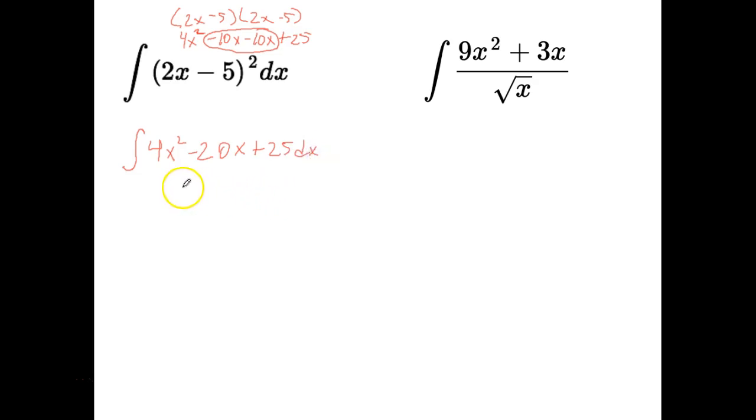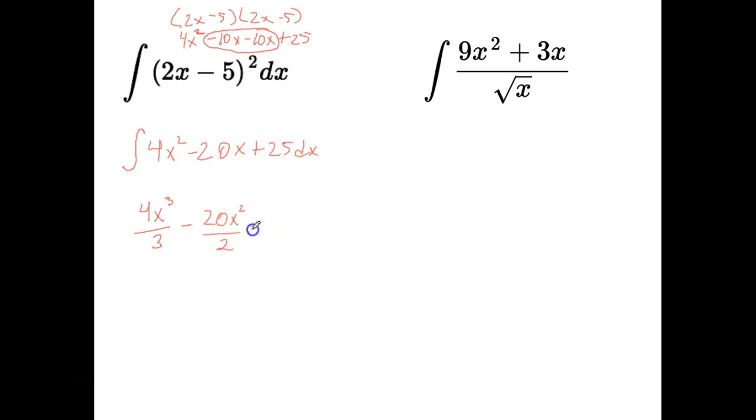Now notice, I did not take the integral yet, so I still have the integral sign and the dx at the end. Now I'm going to take the integral, and those two things are going to disappear when I take the integral. So, boost and divide. That's the first term. Now I'll focus on the next term. Minus boost, so my exponent's now going to be 2, and divide.